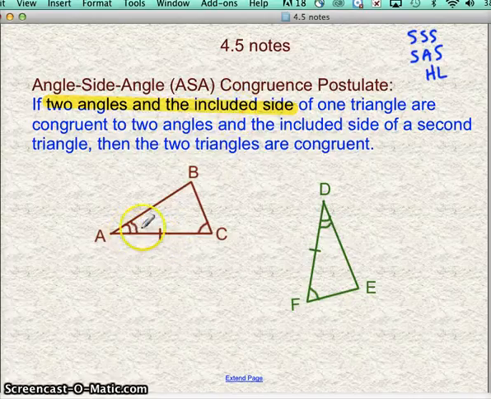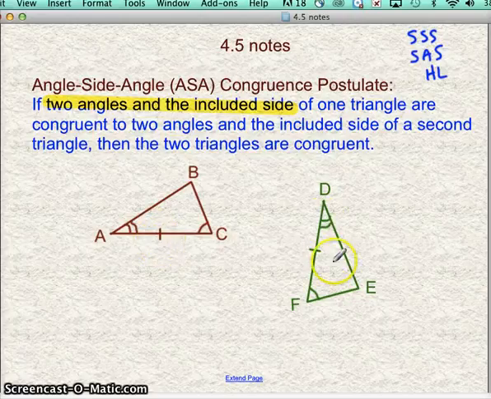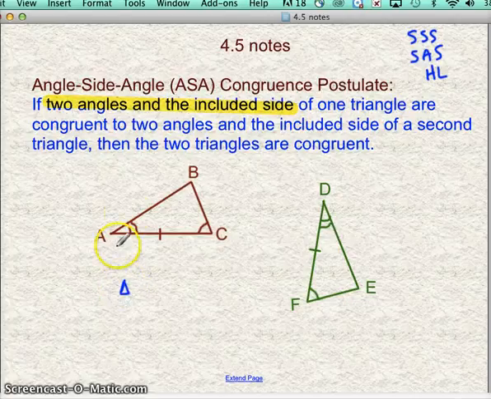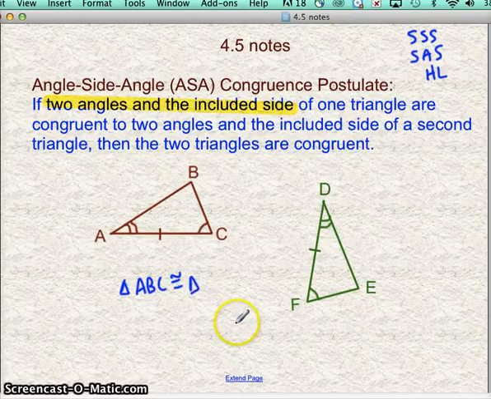So if you have two angles with the side in between of one triangle congruent to two angles with the side in between of another triangle, then these two triangles are congruent. And if I was going to write a congruence statement, if I named this first triangle ABC, then I would have to name the second triangle the same way.